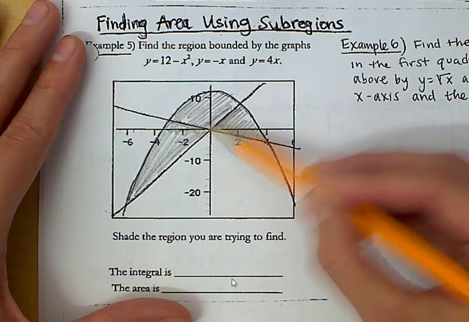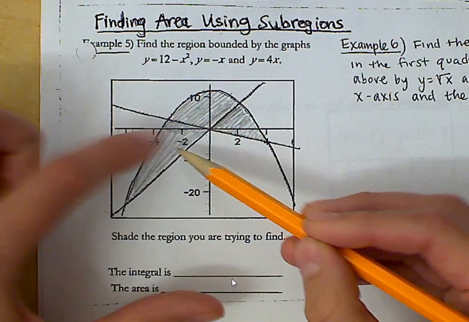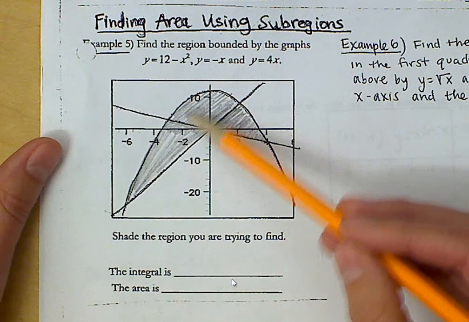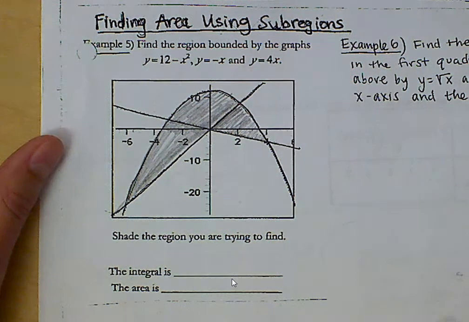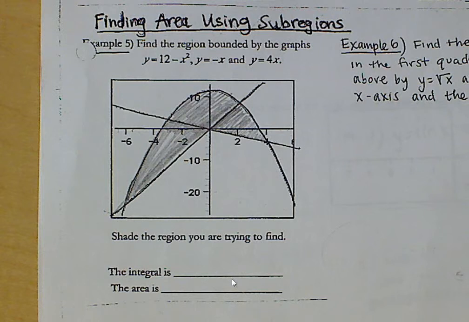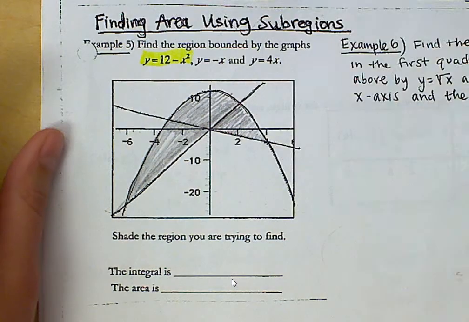So the region bounded by the graphs is kind of like these three areas all together. So this full shaded region is what we're trying to find the area of. I'm going to use different colors to highlight my different functions so I can determine what's my upper function and my lower function. I'm going to make the upside down parabola yellow.